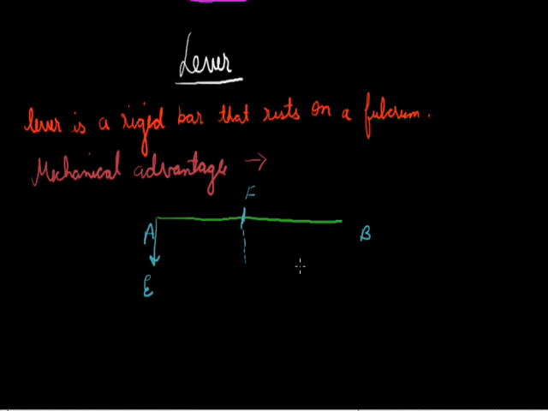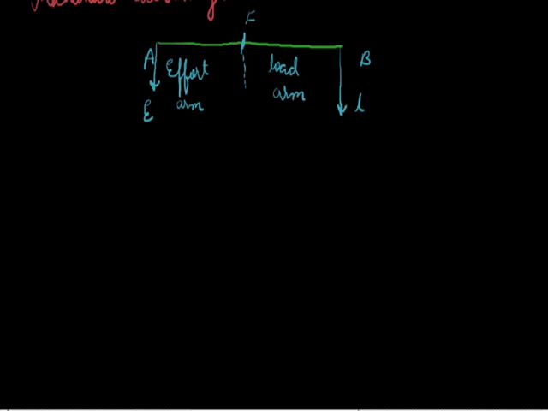This is effort E, and this is load L. A to F is the effort arm, while F to B is the load arm. This is a basic figure which is used to derive the expression for mechanical advantage of a lever.